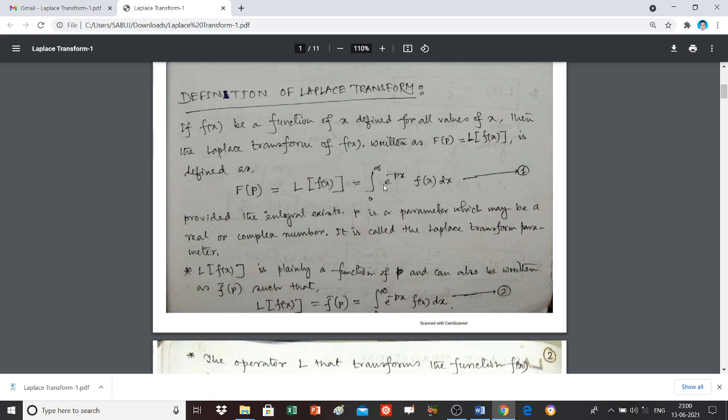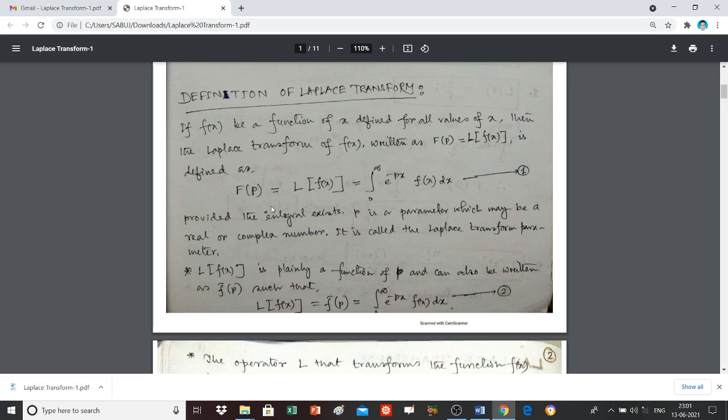Since the Laplace transformation of f(x) is a function of p, it can be denoted by F(p). So the Laplace transformation of the function of x will provide you another function, that is F(p), and in that case Laplace transformation can also be denoted by F(p).